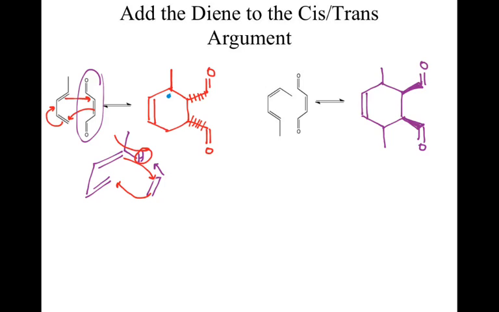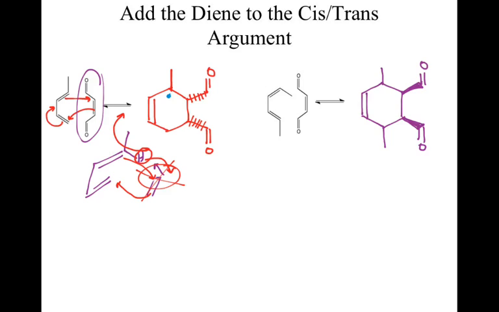It can either rotate up, or it can rotate down. If it rotates up, it's rotating up through empty space. If it rotates down, it's now rotating through our diene, or our dienophile. That's a bit problematic.